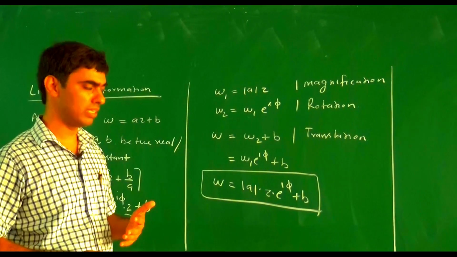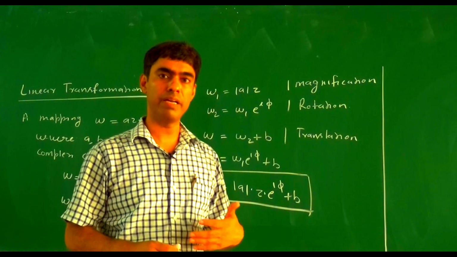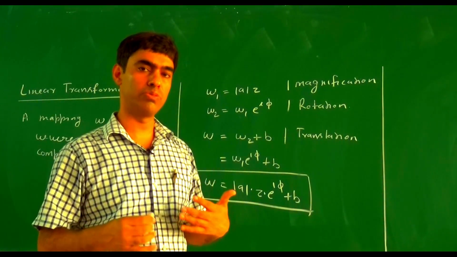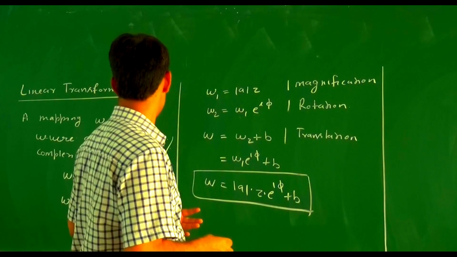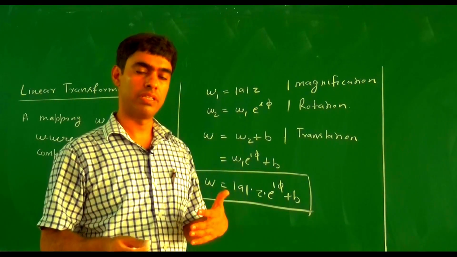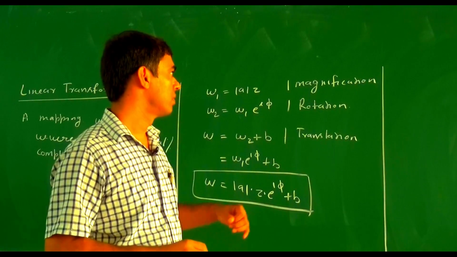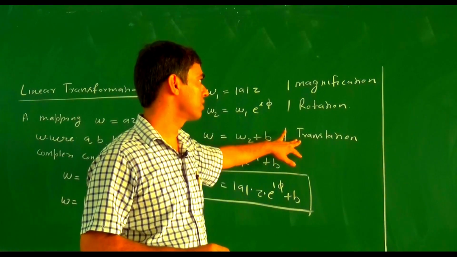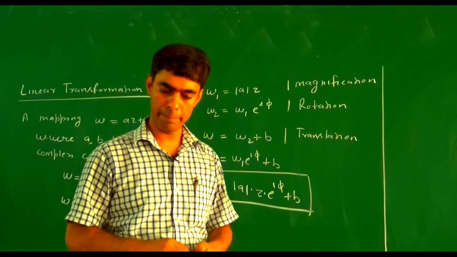We take a mapping from Z to W, then we try to visualize what is the meaning of translation, rotation and magnification.